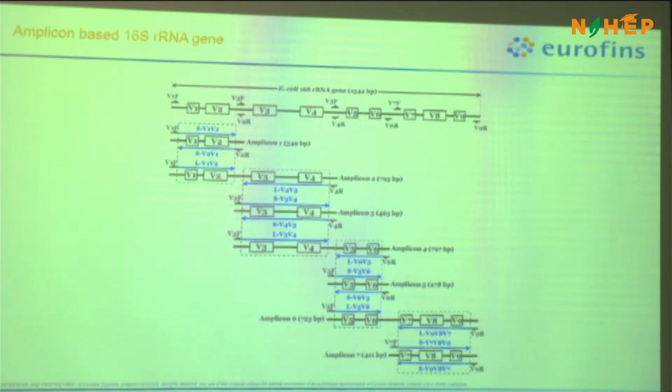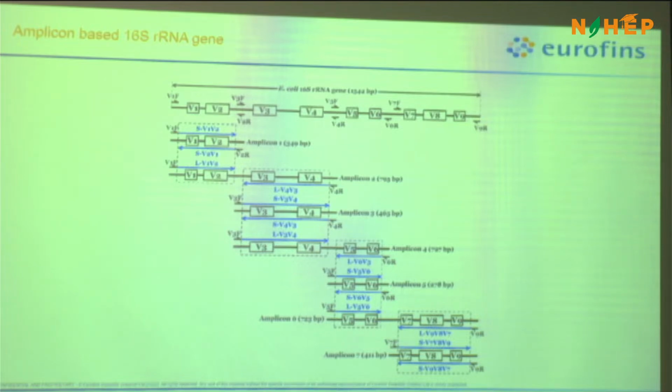Now there are different variable regions which can be captured. V3, V4 is the most common one which people capture. MiSeq is a 2 into 300 chemistry, and this V3, V4 region is somewhere around 450, so it's easy for us to take the amplicon and sequence it.